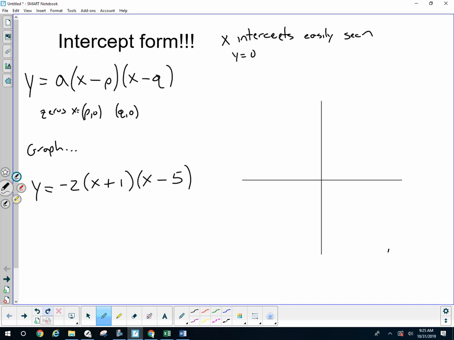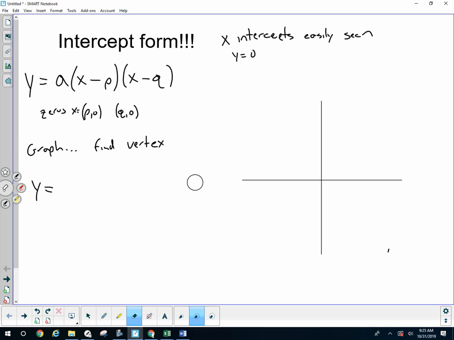Please graph and find the vertex for, I don't know, 1/4 x.